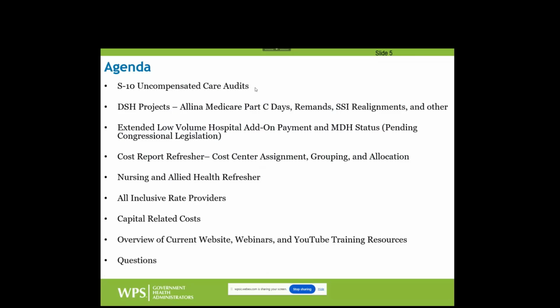We will cover the DISH projects. Now, with this topic, it seems like we always have something new coming up. So some of this is going to be just refresher overview, but there are a few new things related to this. The third item, the extended low volume hospital add-on payment and the MDH status, basically just a status on what we know about this as far as where we are with the 12/31 expiration.